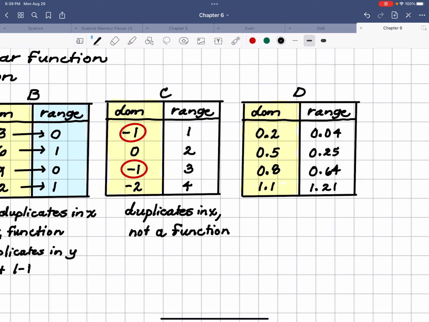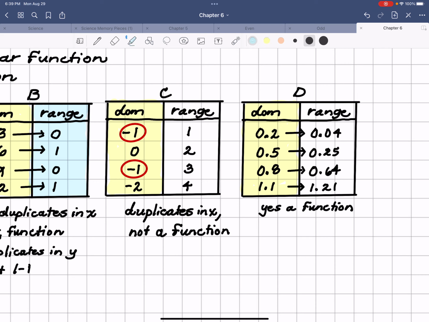So we have no duplicates in x, so I would say yes, it's a function. And then let's check the y values for duplication.